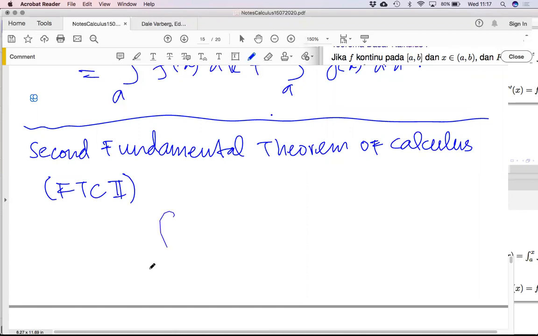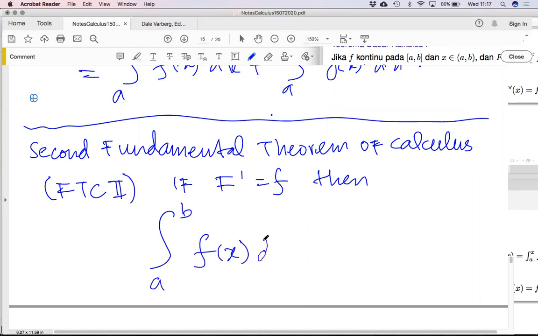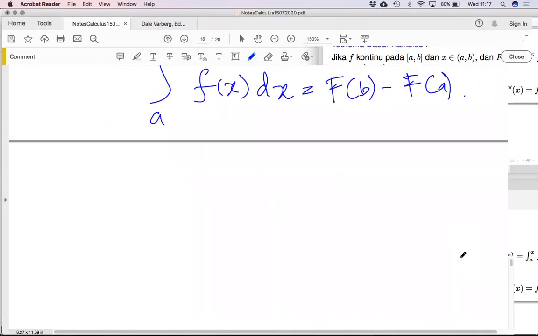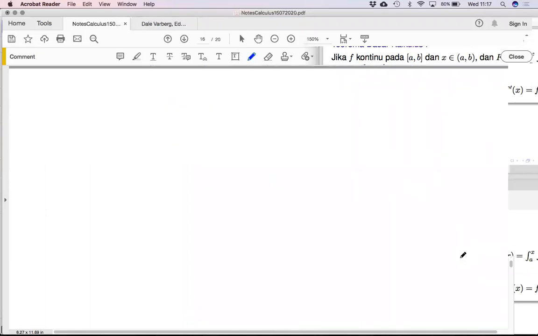It says that if F prime equals small f, then the integral from a to b of f(x) dx is the same as big F(b) minus big F(a). So we can check our previous calculation.